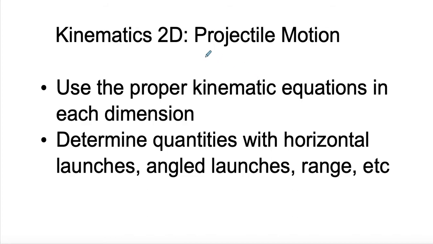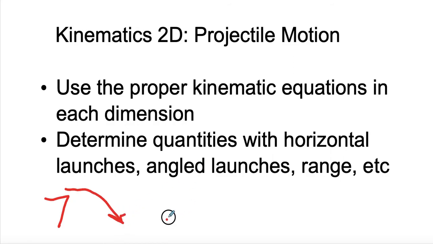All right, and then finally, probably one of the most major examples of 2D motion is projectile motion. So you should be able to do projectile motion and understand it and solve that using the right kinematic equations. Your x does not have acceleration unless there's air friction, and your y does. And so you need to know how to use those. Horizontal launches is where you're at a height and you launch it straight sideways and it comes down.